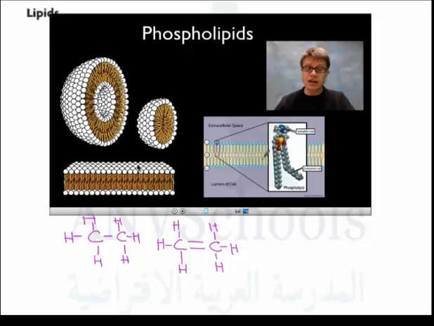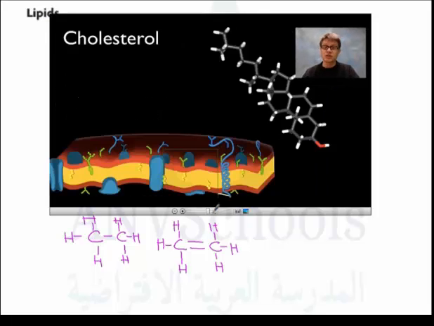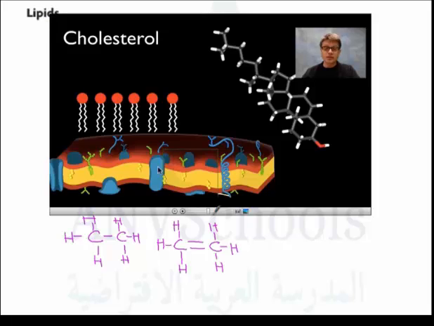The inside part attracts water molecules, and the outside part is hydrophobic, which means it repels water molecules. So this structure is very important for the function of a cell membrane, which is supposed to allow some materials in and also to stop some materials from entering.